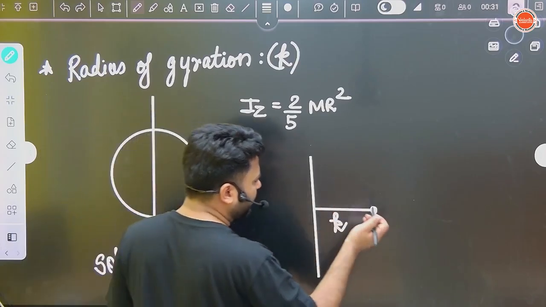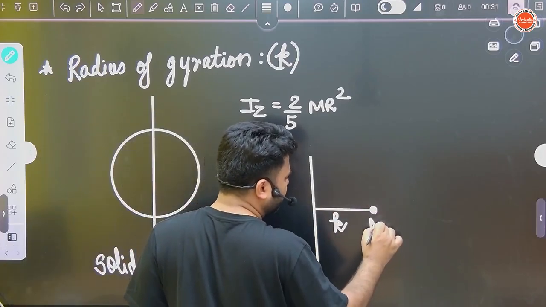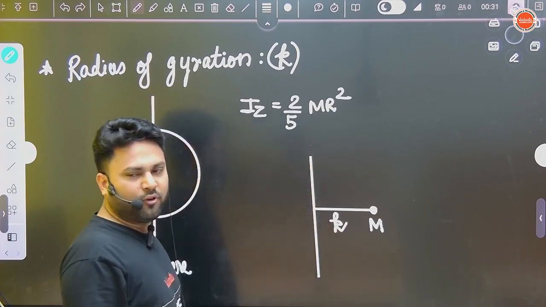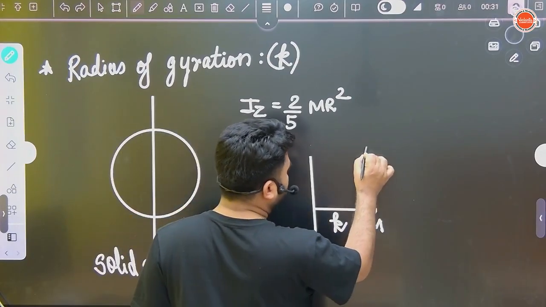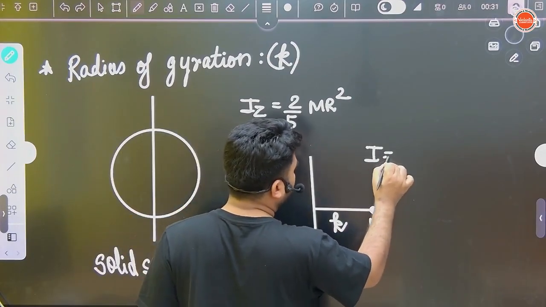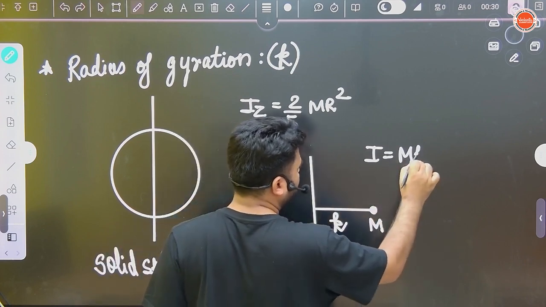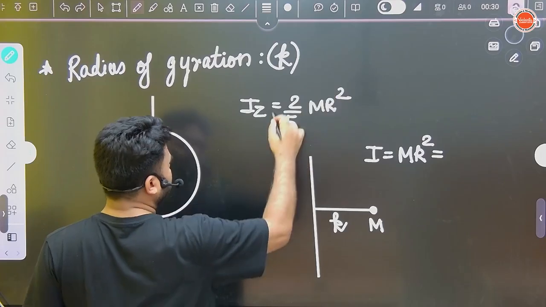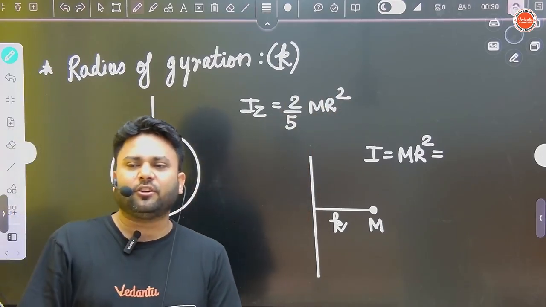Same moment of inertia means what? Now this is a point mass. For a point mass, what is the formula for moment of inertia? mr square, m into distance square, distance is k, so mk square. This moment of inertia and that moment of inertia have to be the same, because this is the definition of radius of gyration.